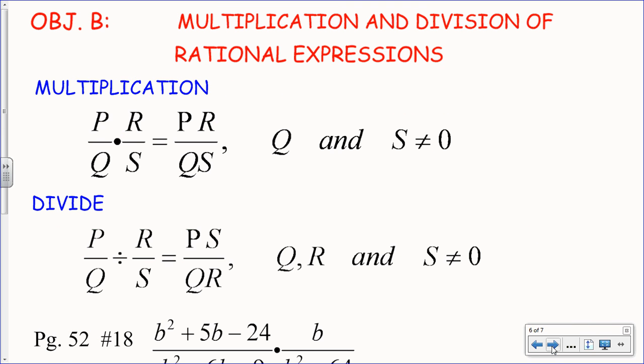Okay, let's look at multiplying and dividing. So here's the property. Again, I'm not going to be testing you over this specific property. We just have to understand it. So when you multiply rational expressions or rational numbers even, so if you multiply fractions, you multiply across the top, multiply across the bottom, and note our disclaimers here.